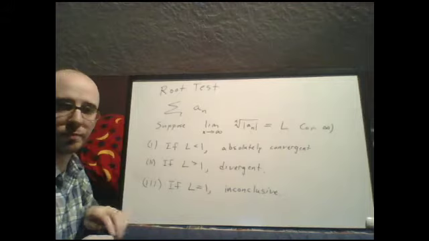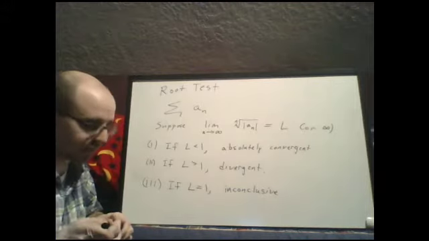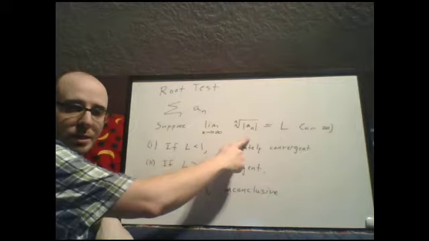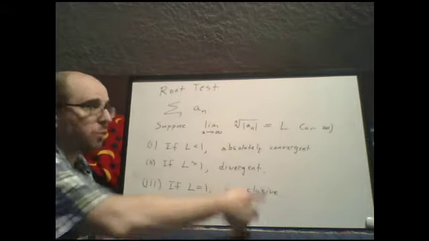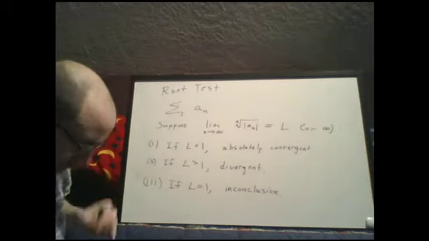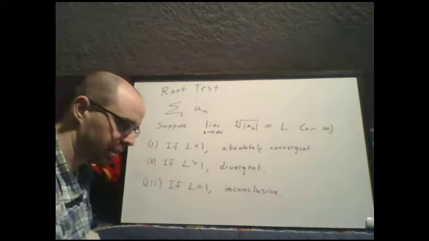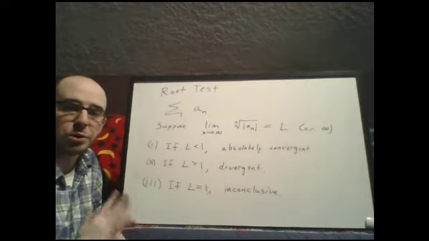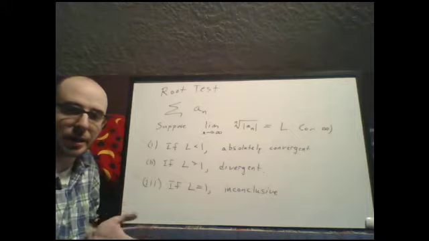So the test is virtually identical to the ratio test, except the thing you're taking the limit of is different. For the ratio test, it was a ratio. For the root test, it's this root expression. All right. So ratio and root test are kind of a pair that they go together.